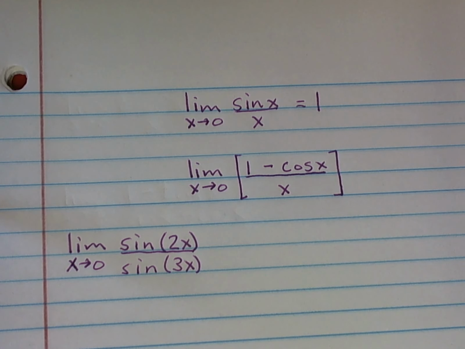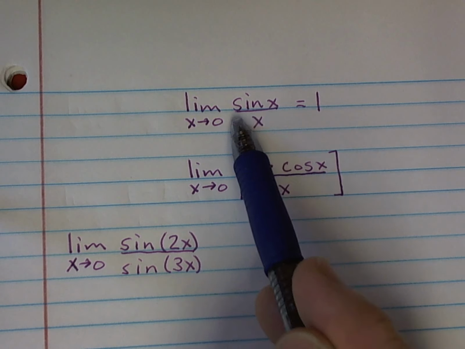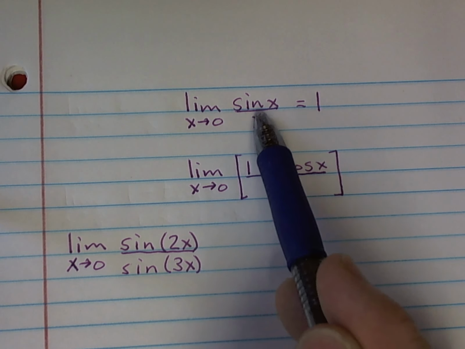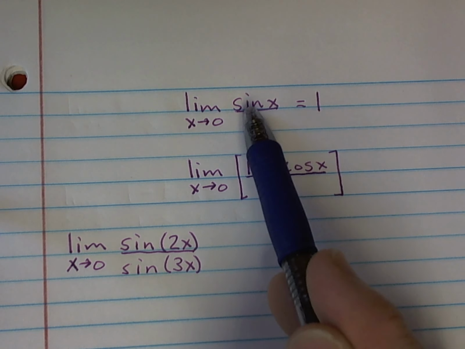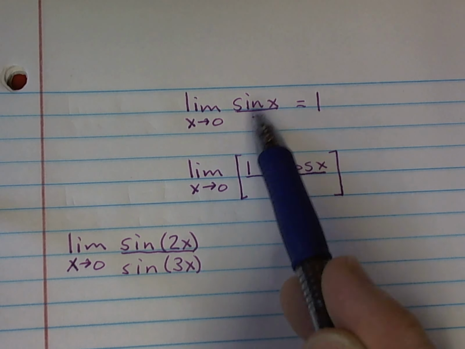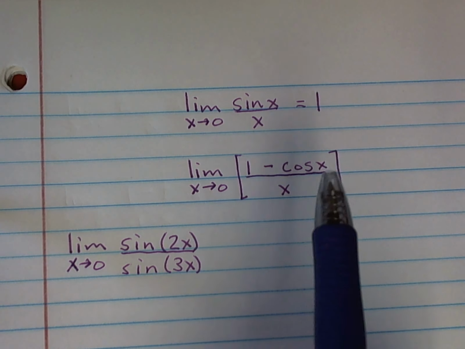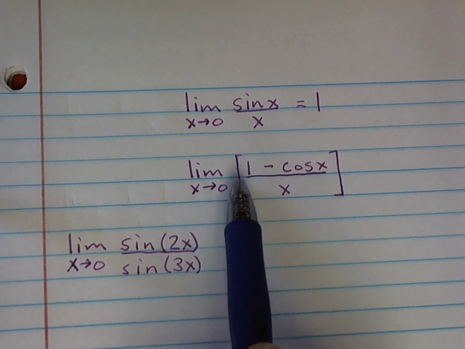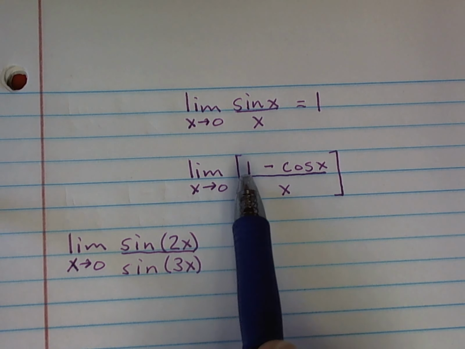However, if you were in degree mode and using your calculator and graphing it, or using a numerical approach, you would find this limit to be pi over 180. So this is dependent upon x being in radians.